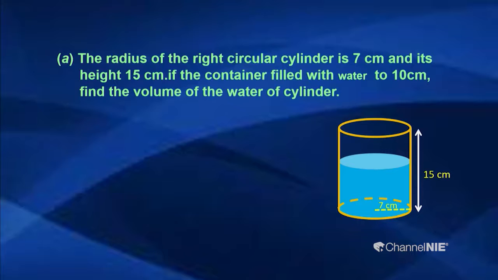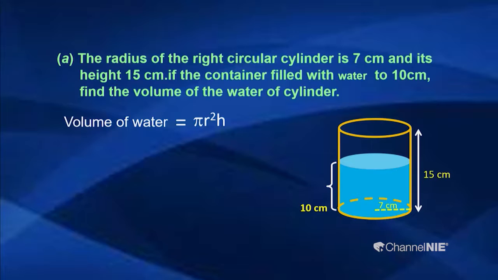Then now here, the water volume you can see in the cylinder, the blue colored one, is 10 centimeters. Next step, when you are finding the volume of this water in the container, it is equal to pi r squared h.